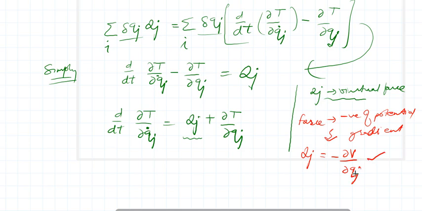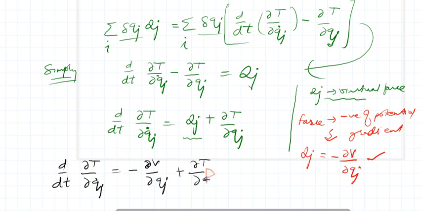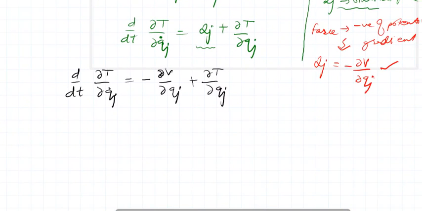This is a simple idea which I am using. So if I use this trick here, then it will become d upon dt of ∂T/∂q_j dot must be equal to ∂V/∂q_j plus ∂T/∂q_j. That's what I'm using here.